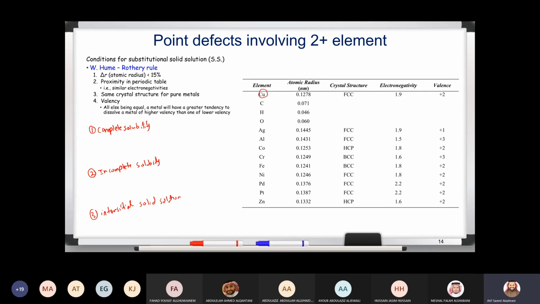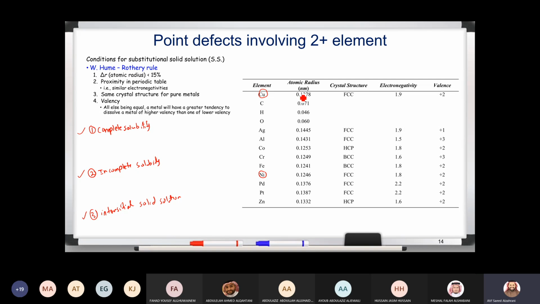In the homework you're going to check every element, but I'm just going to give you examples. I'm going to check nickel here. We need to determine whether nickel will have complete solubility, incomplete solubility, or be interstitial.